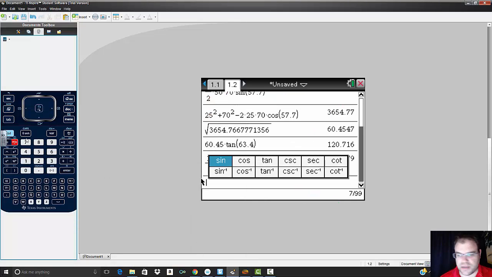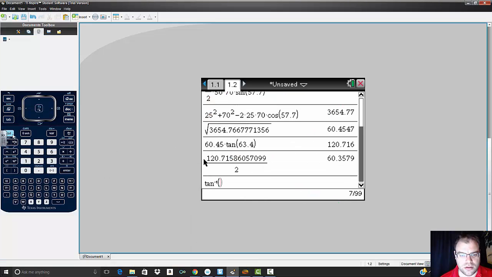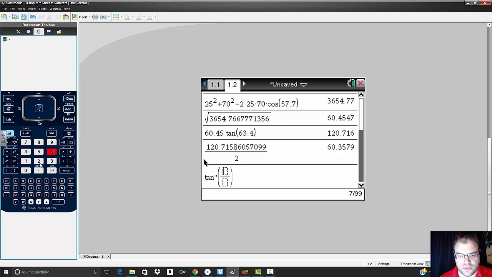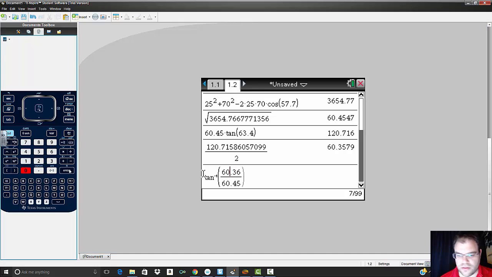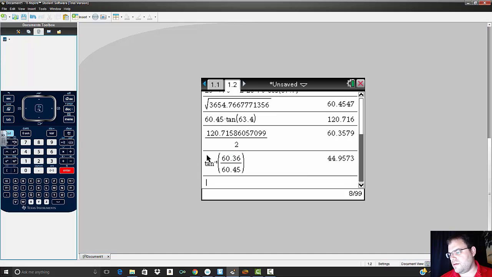So I'll hit tangent inverse of 60.36 divided by 60.45, and I'll have the answer. Oops, make sure you type it in carefully because I am careless. All right, so I hit enter. So that angle of elevation is apparently 44.96, or 45 if you even call it that.